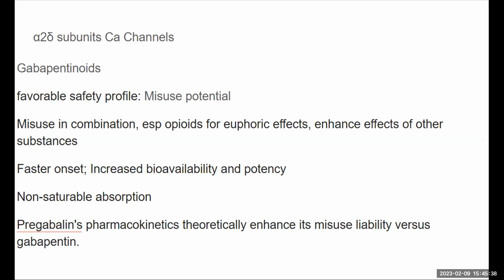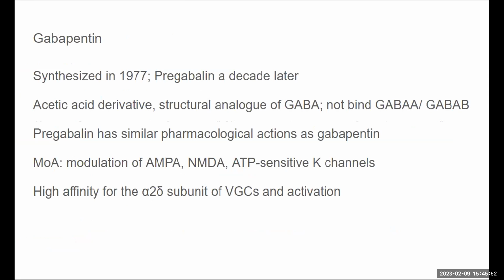Between pregabalin and gabapentin, pregabalin is the worst one. It has more abuse potential. It gives you a better kick, basically. Gabapentin came in 1977. A decade later, pregabalin arrived.